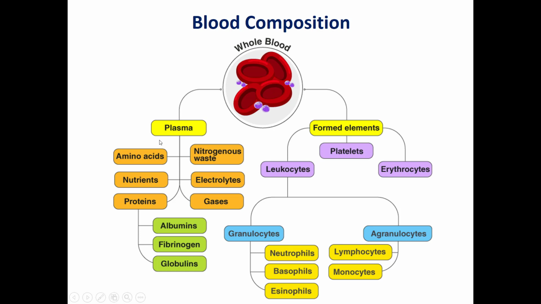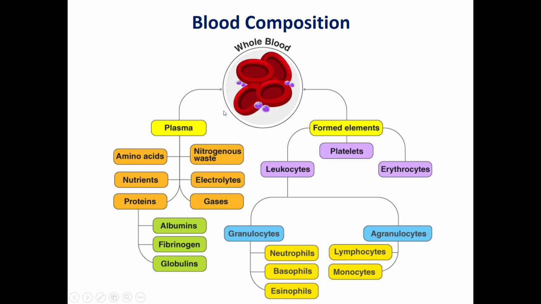The plasma can be separated also into two parts: the serum and the coagulation proteins, and we will talk about this. So in the study of medical instrumentation, we have different types of machines. We have, for example, the hematology analyzer, which is used to study the different types of cells and analyze a blood sample.